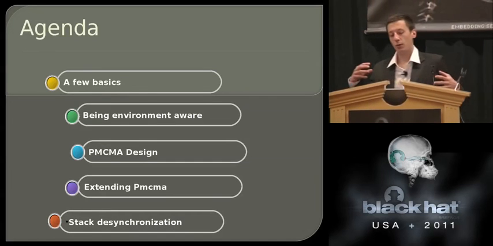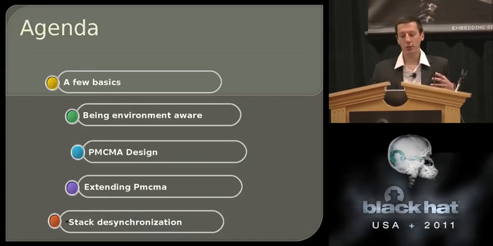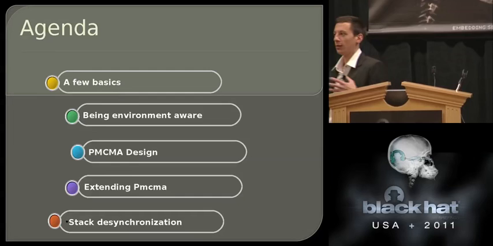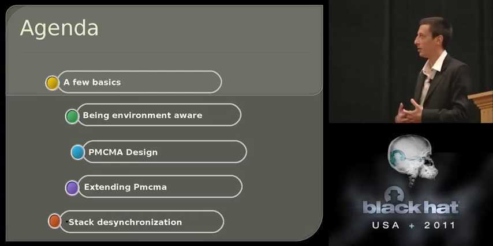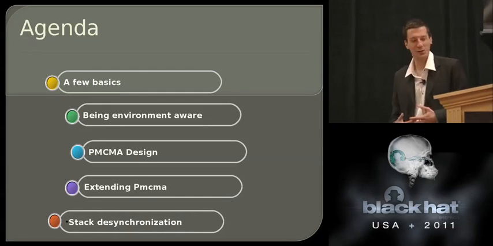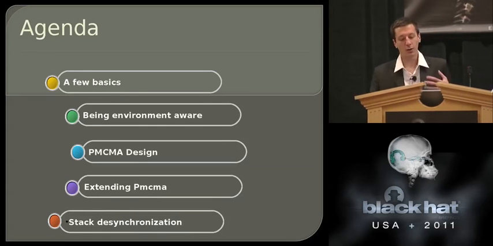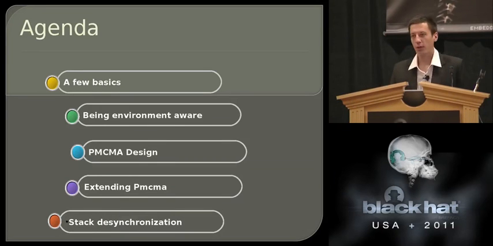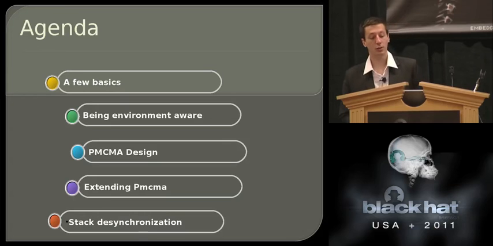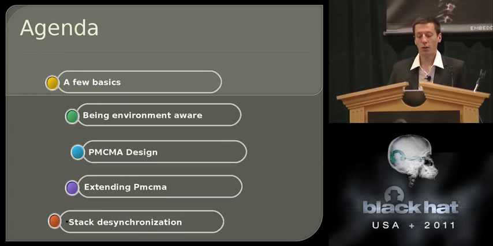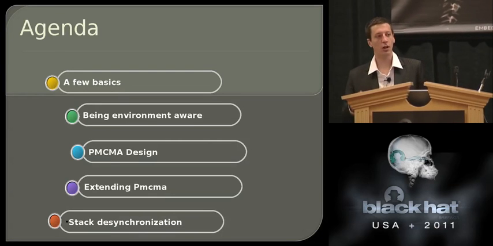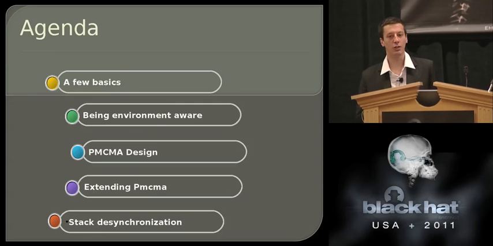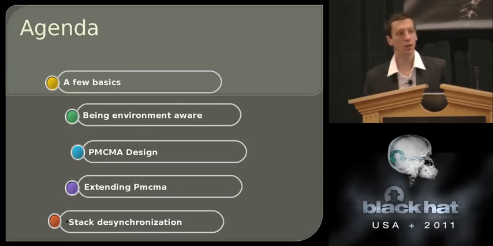Then I will explain why a debugger needs to be environment aware, and we will talk about a specific tool I've been designing, called PMCMA. We'll see what it stands for, and how it can save heaps of time when developing an exploit. There are two sides to it: either you want to write exploits yourself and save time, or, on the defensive side, this tool helps you determine whether a given bug is actually a vulnerability and whether it's exploitable.